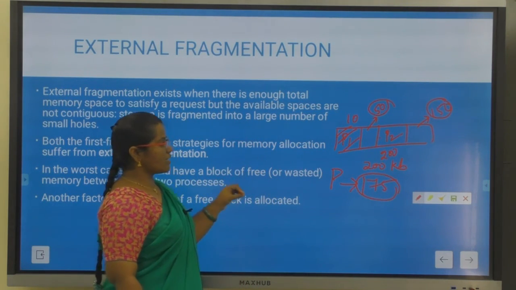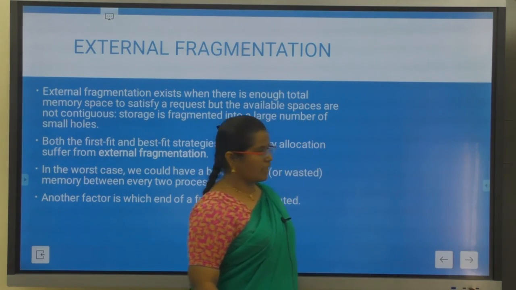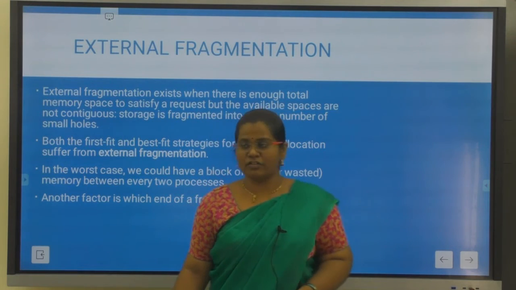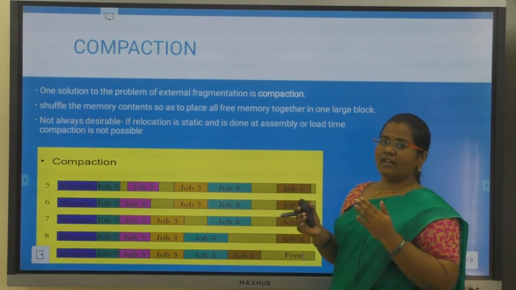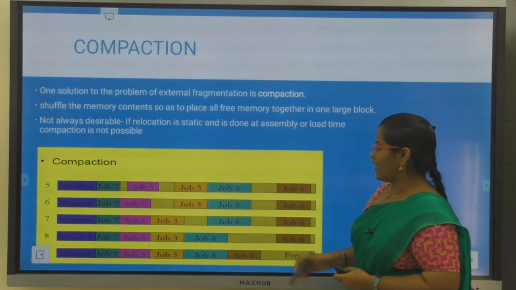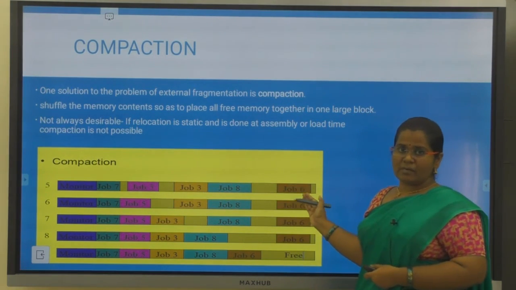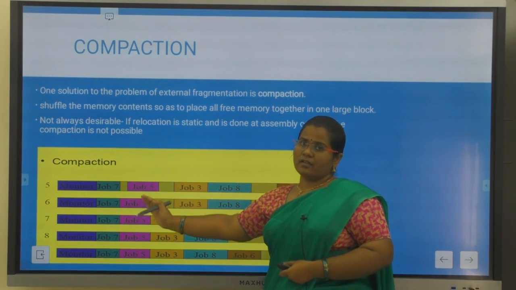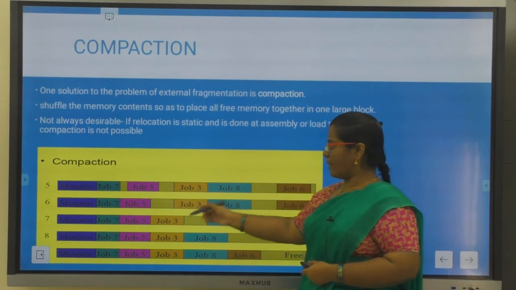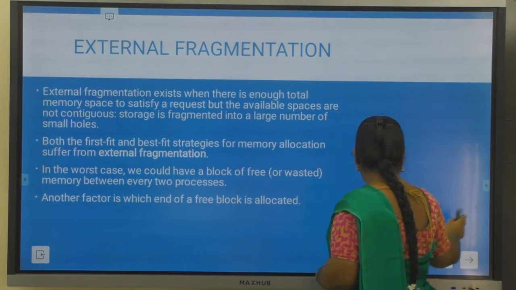So to reduce this external fragmentation, the only solution we have is compaction. Compaction says that all the jobs that are placed in your main memory can be moved to one location. Observe the diagram here.